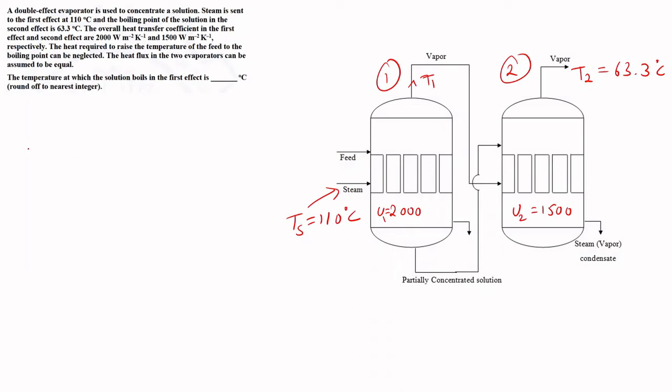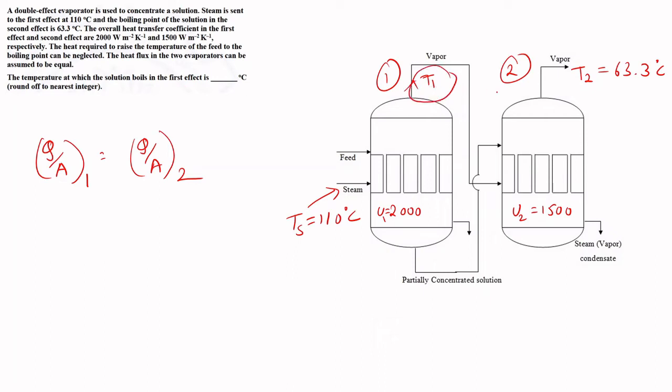So for the first evaporator, if the heat flux is Q upon A1, that will be equal to the heat flux of the second evaporator. This we have been given. We have been asked for the temperature at which the solution boils in the first effect, so basically we have been asked to find T1.